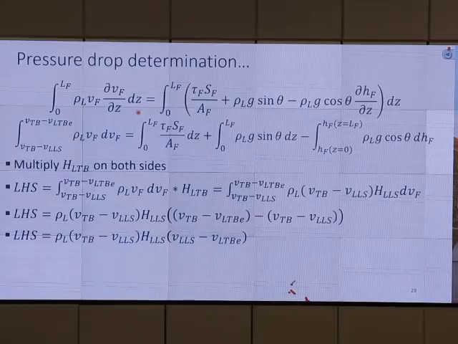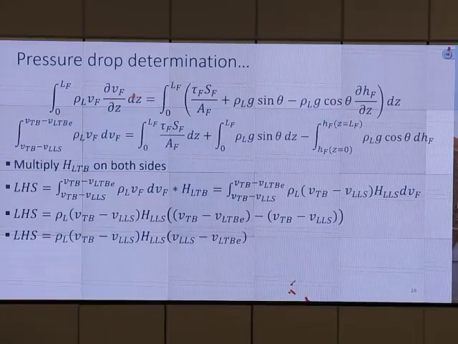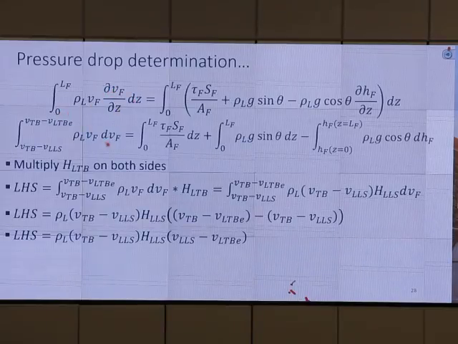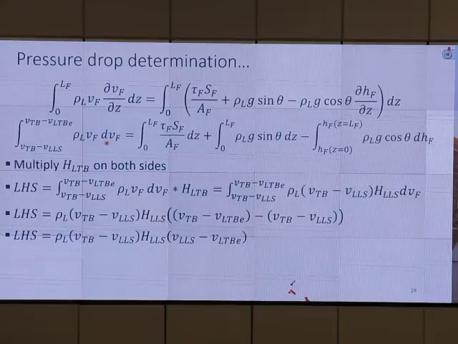Once we do that integration, I just copy the top equation. When z equal to 0, I can change dV/dz to dVF, right? And VF is VTB minus VLTB.